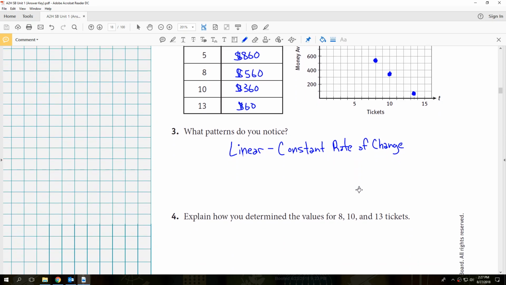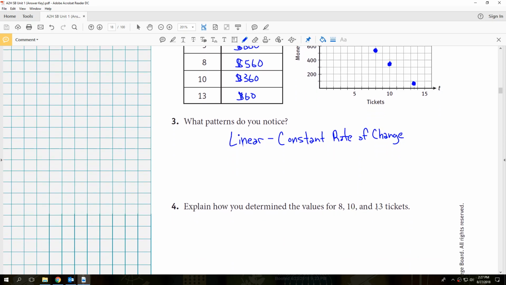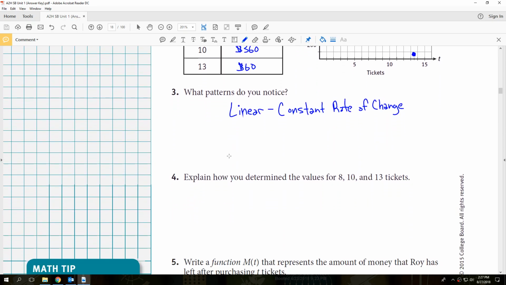All right, so explain how you determine the values for 8, 10, and 13 tickets. Well, what did we do? We took 100 times the number of tickets from the spending cash, right, of $1,360.